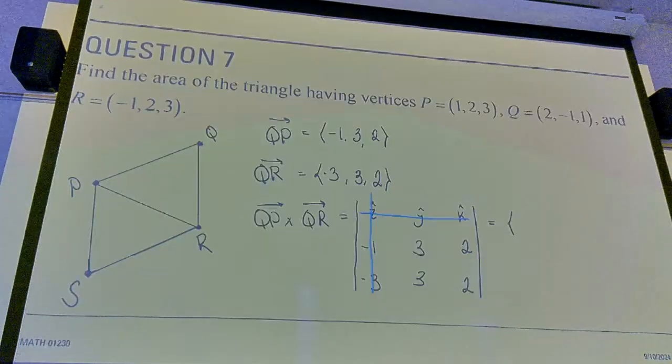For the first component, cross out first row, first column.